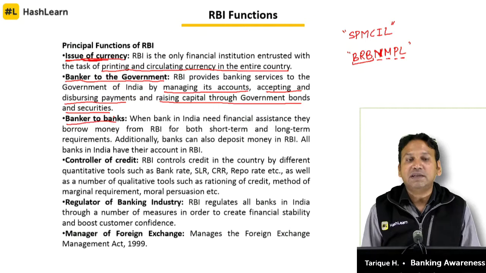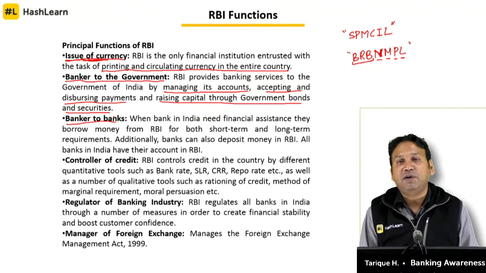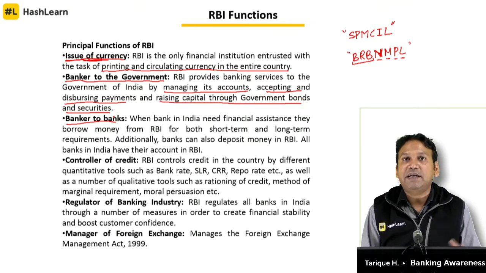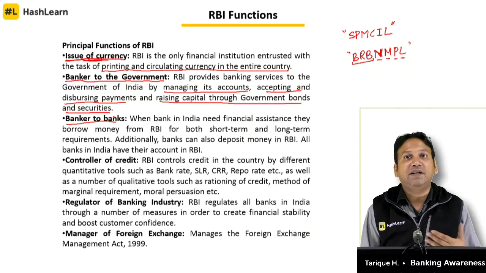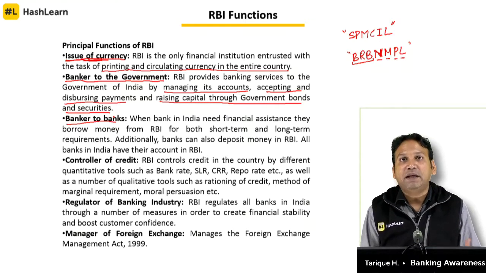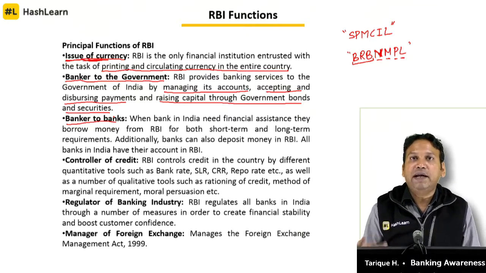It also works as a regulatory body to regulate banking in our country. So if some key interest rate has to be launched, some of the primary rates are controlled by RBI. RBI also gives guidelines on how banks have to function, what kind of capital adequacy ratio banks have to maintain, that is CAR, and we also call it CRAR, capital to risk weighted assets ratio.